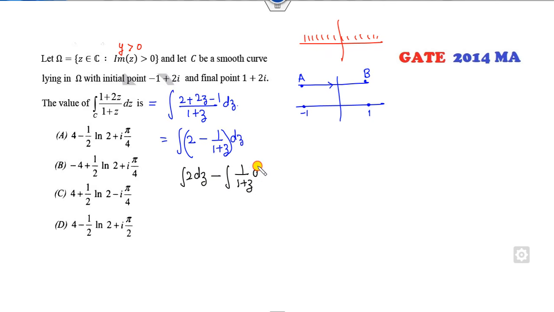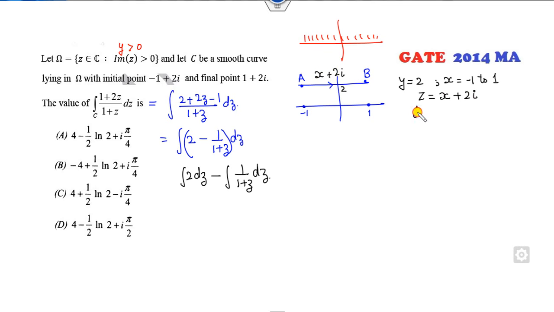Now, in this case the value is 2, so y is fixed while x varies from minus 1 to plus 1. So what is the value of z? It is x plus 2i.